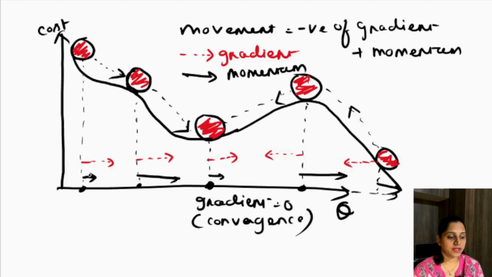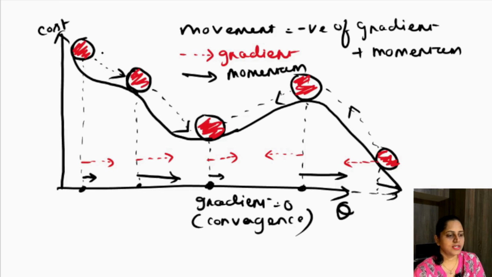However, in case of momentum, you can see that at one place it starts slowly. Then here you can see it's a very big gradient, so it took a larger momentum and speeds up there. Then it reaches here. Again, from this side it comes up, and again it took a larger step here.